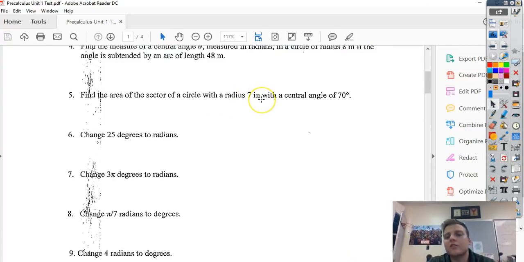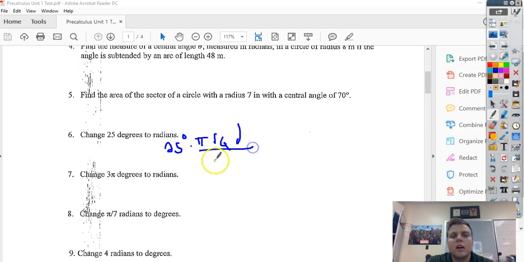Oh, I said 7 inches. If I'd wanted to in the last problem, I could have said 29.93 inches squared. Alright? Number 6, change 25 degrees to radians. To change degrees to radians, I multiply the degrees by pi radians over 180 degrees.